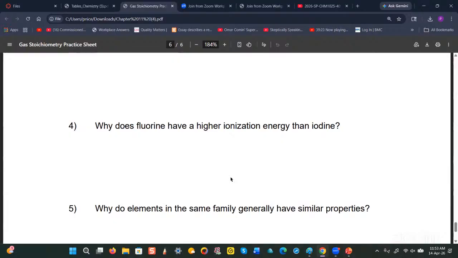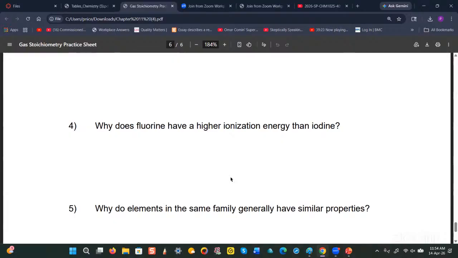Well, let's talk about what happens in terms of the distance of the electrons. Why is it that fluorine has a higher ionization energy compared to iodine? It's harder to remove the electron from fluorine.